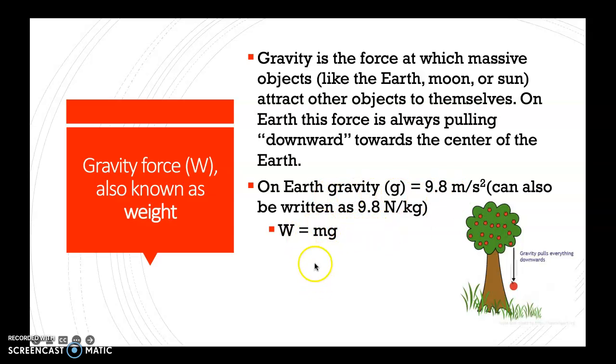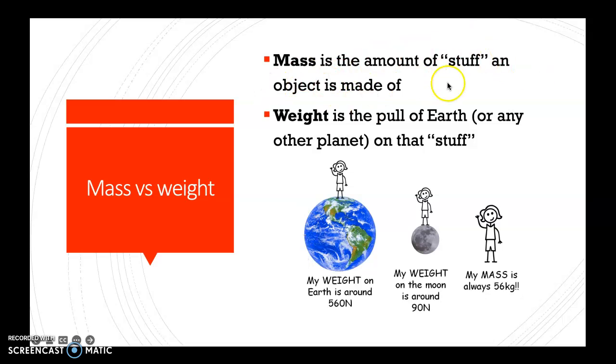Mass is how much stuff an object is made of, so how many cells and atoms and all of that actually make up an object, whereas weight is dependent upon the gravitational force, depending on where the object is. So on Earth, you could have a weight of 560 newtons.